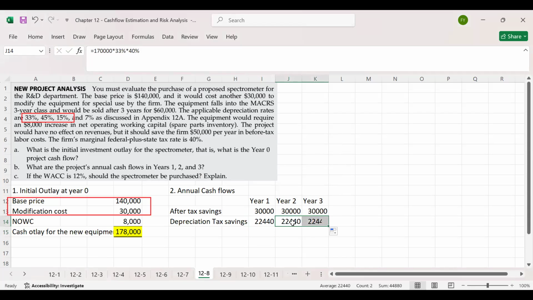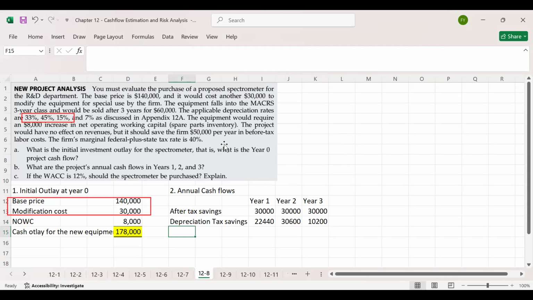In year 2, the rate of depreciation would be 45%, so instead of 33, it is 45%. And the next year, it is 15%. So these are the depreciation tax savings.